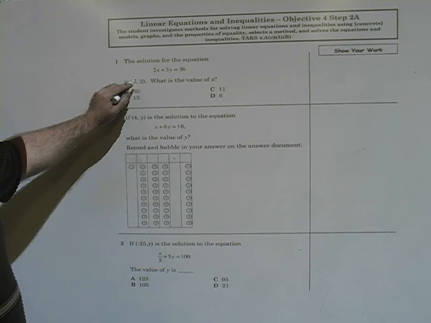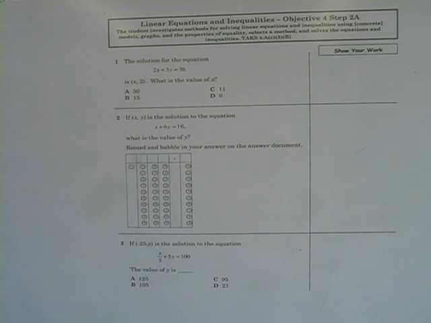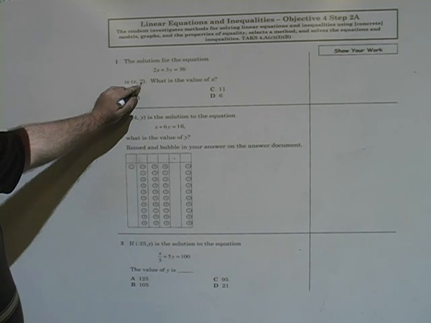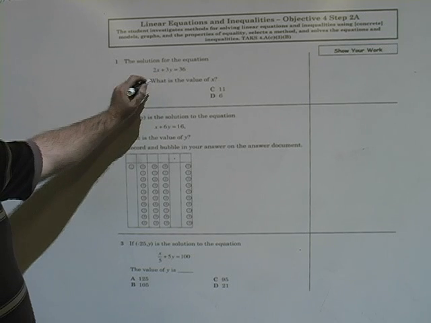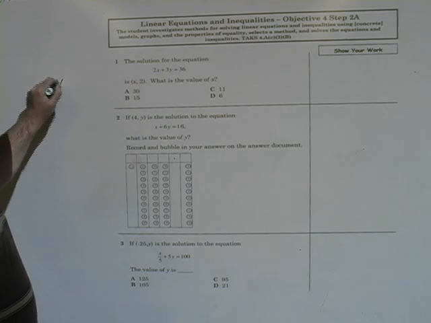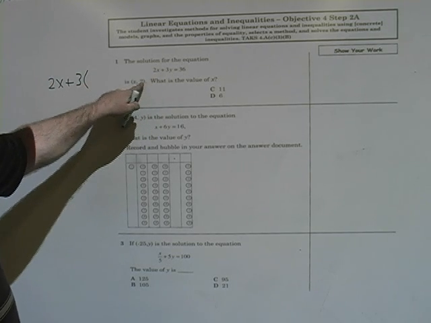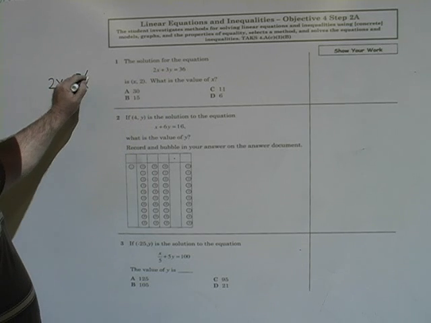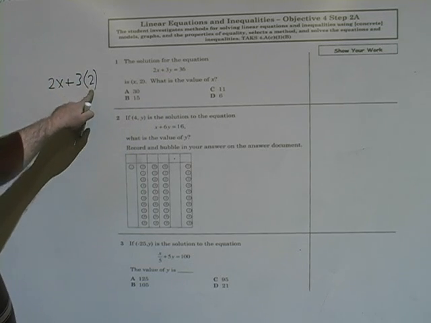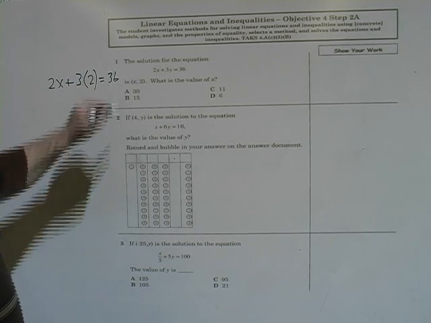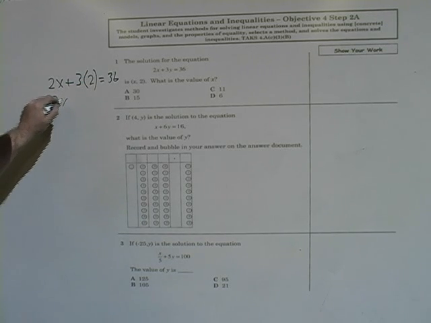It's the y. So they're telling you that y is equal to 2. So you're going to use that and just plug it in. Just say 2x plus 3 times y, but we know y is 2. So we can put a 2 in for the y, equals 36. And then you just solve this.